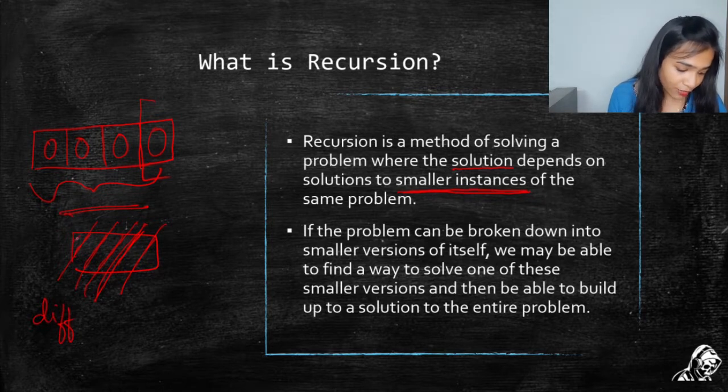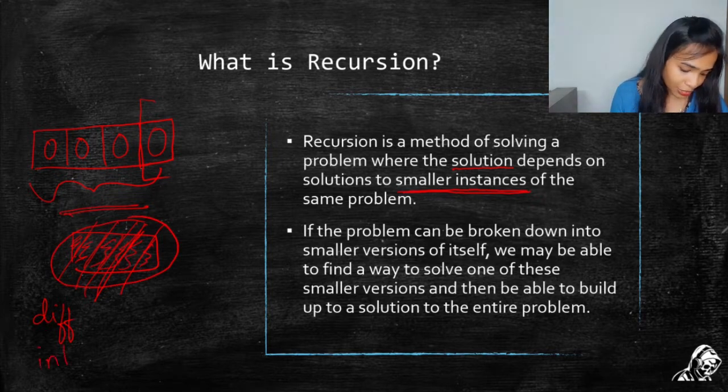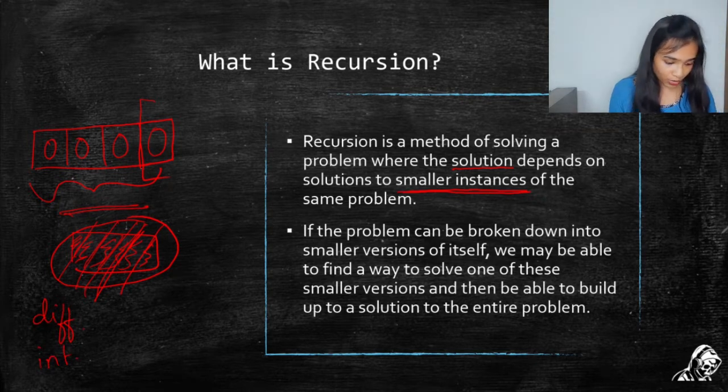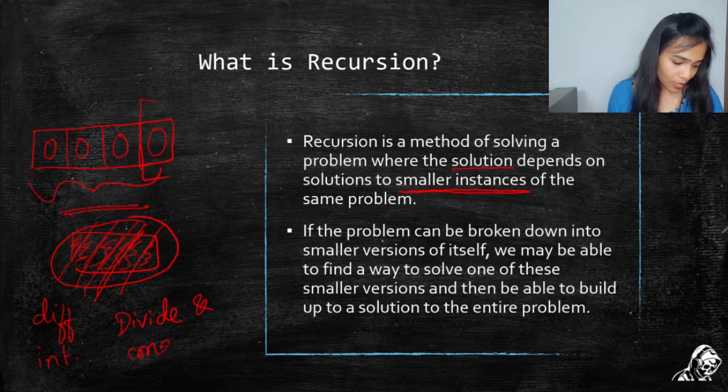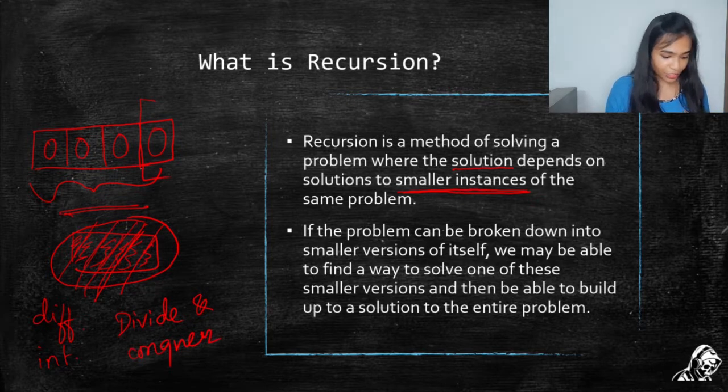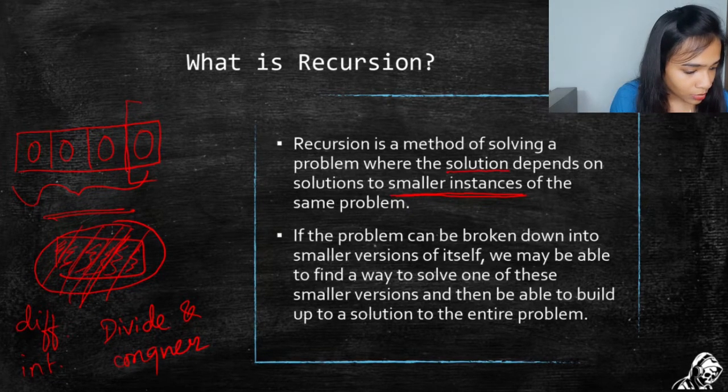After solving each and every smaller part, we are going to put them back together to get the solution of the entire problem. Let me call this integration. Recursion works on your divide and conquer strategy. This is nothing but your differentiation and integration put together.